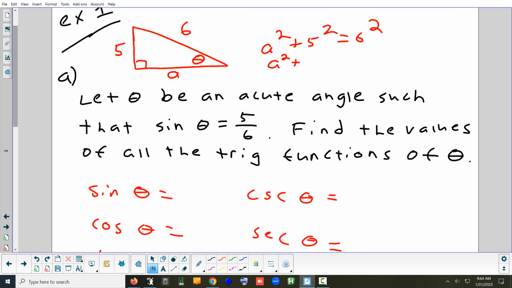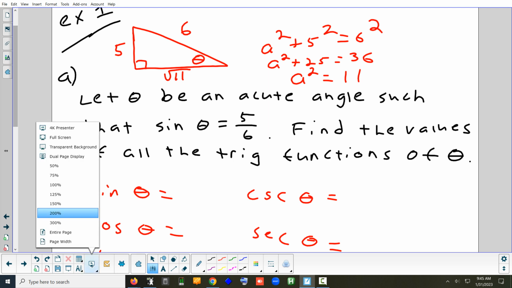Okay, so A squared plus 25 equals 36. So what does A squared equal? 11. Well, we don't want A squared, we want A. So what do I do to get rid of the exponent of 2? Yep. Take the square root. And that's how we're going to leave the answer. Square root of 11.